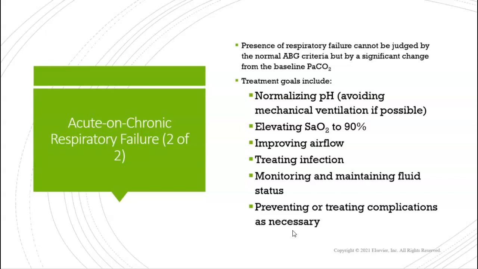So if I drop their CO2 back to the range of 35 to 45, and their bicarb is still 30, because it's been 30 for the last 5 years, it's going to take a long time for that bicarb to come back down. By dropping their CO2 into the normal range, I've probably created a metabolic alkalosis situation. So you don't want to normalize the CO2. You're always looking to normalize the pH on these patients. That's the important part.